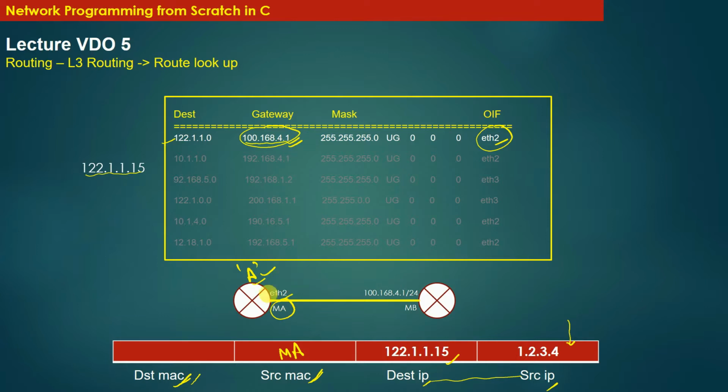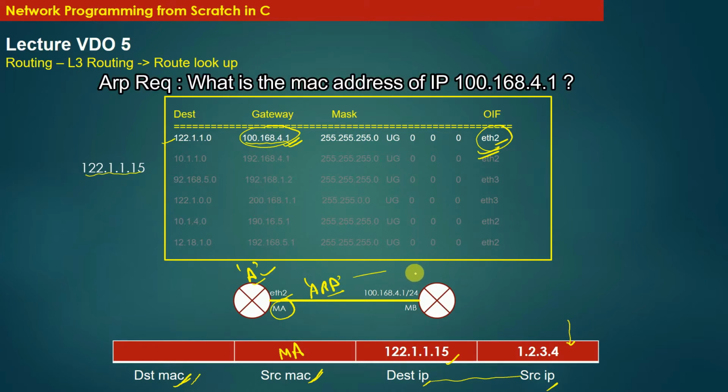So router A knows the IP address and it needs to know the MAC address which is mapped to this IP address. So router A launches an ARP broadcast request on the outgoing interface. In this ARP broadcast request, router A asks, hey, what is the MAC address for IP address 100.168.4.1?